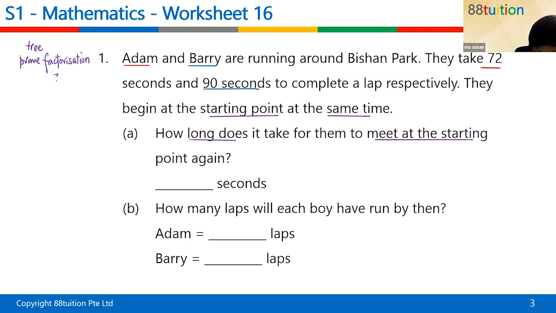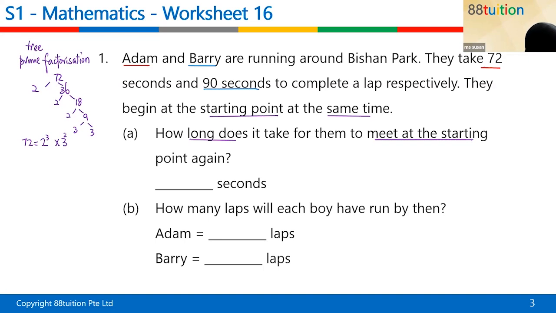I have 72 and I split this using prime factors. 18, always start with the smallest, 2 and 9, 3 and 3. This one we covered quite some time back already. So 72 will give you 2 to the power of 3 times 3 to the power of 2. This is called prime factorization.